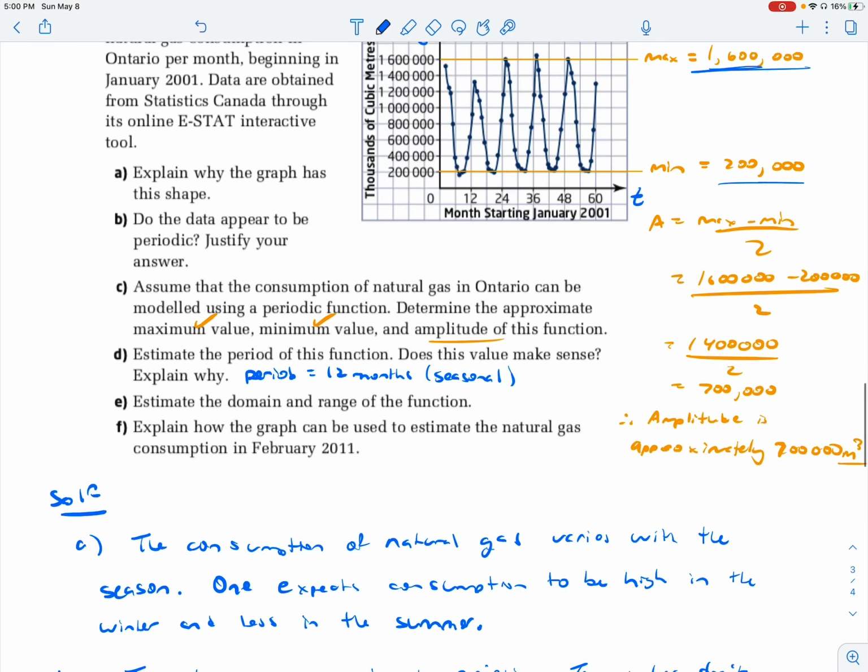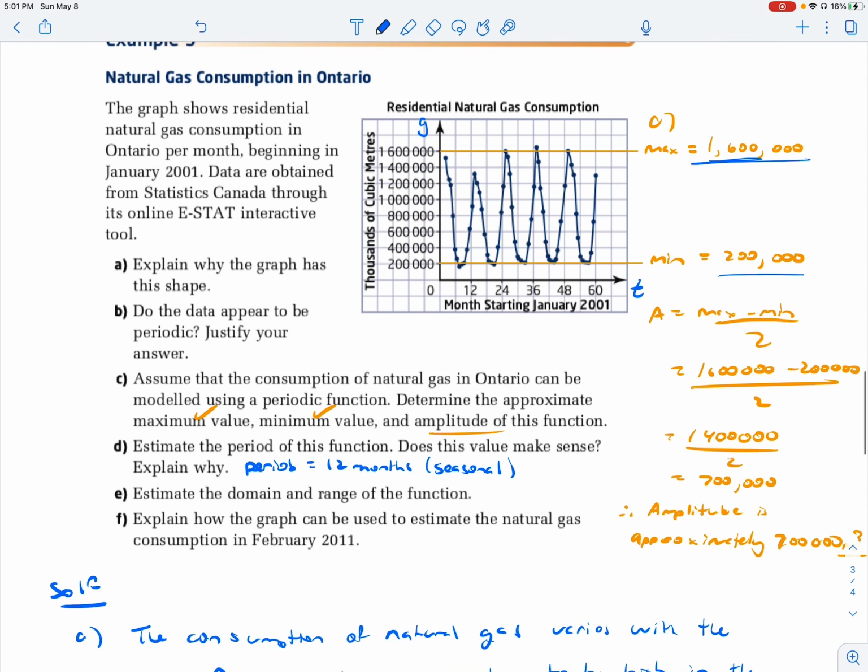Last question. Explain how the graph can be used to estimate the natural gas consumption in February 2011. February 2011, well, it should be pretty close to all the Februarys previously. So we have a February value here, here, here, another one here, another one here.